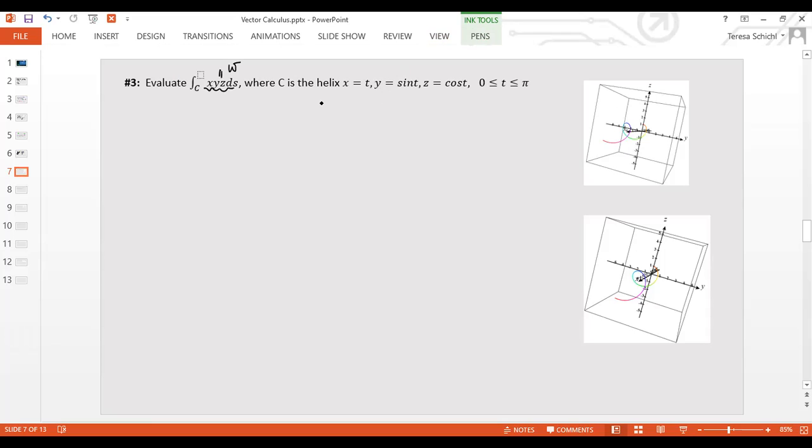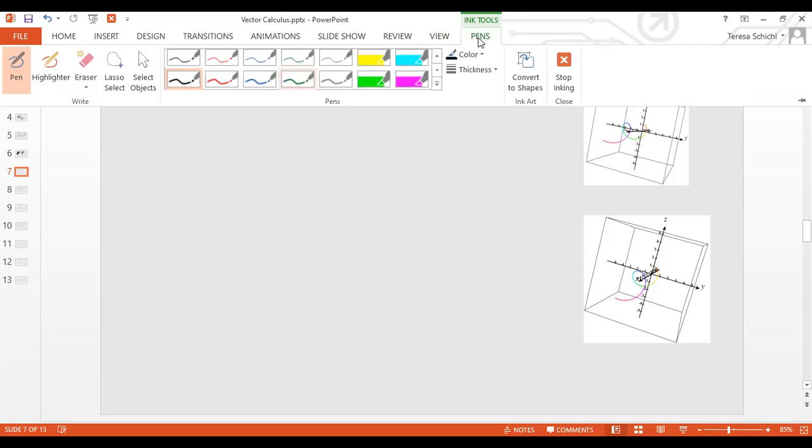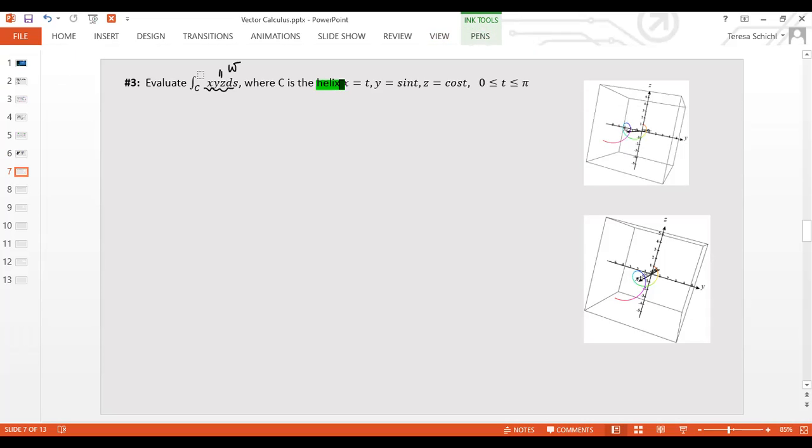And C is a helix defined as x equal to t, y equal to sine t, and z equal to cosine t, with t from 0 to pi here. I made a graph for you to show what the helix looks like. So this is the graph of the helix here.